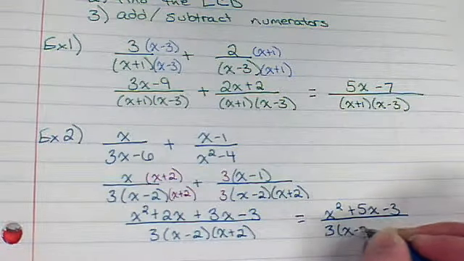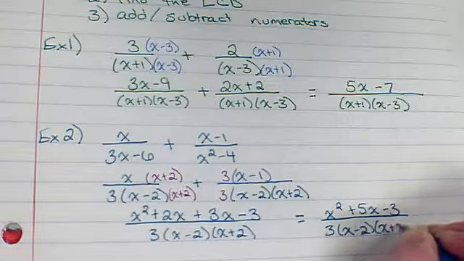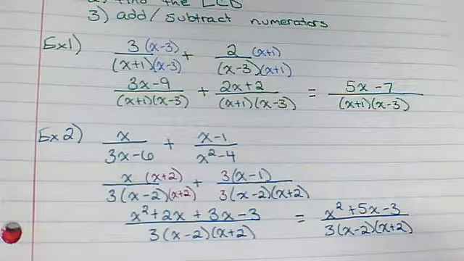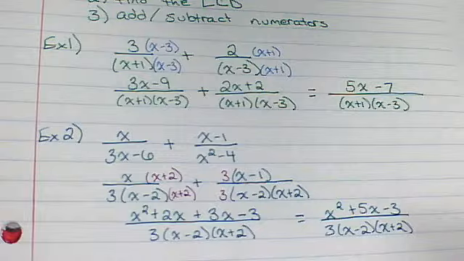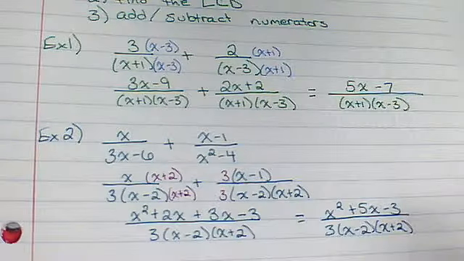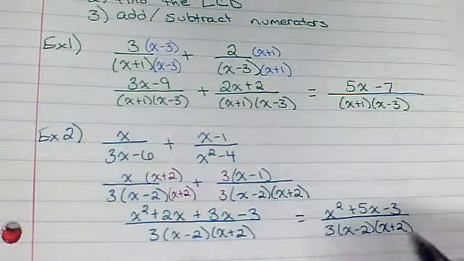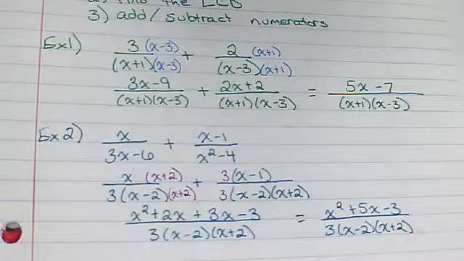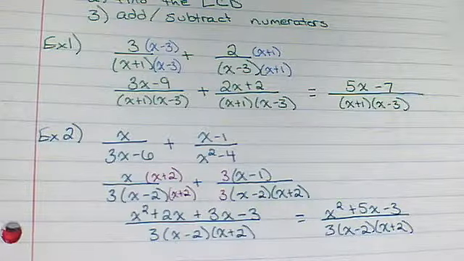Now I want to double check to see if that numerator factors, and then I could simplify it anymore. Oops, yeah, that was a minus 3. So I think about it. No, I can't think of anything that multiplies together to give me 3 that would add to give me 5. So we're done.